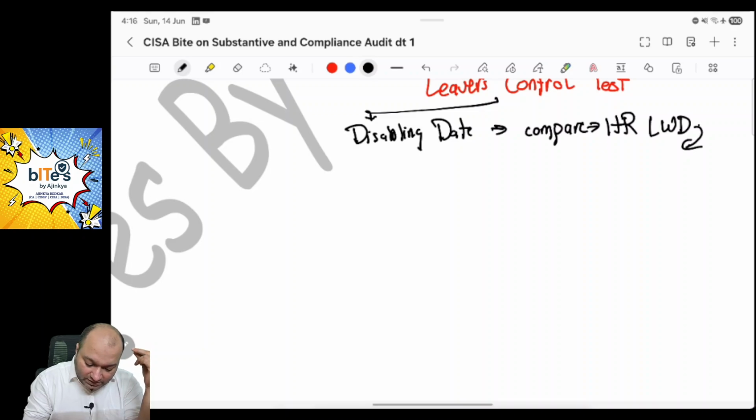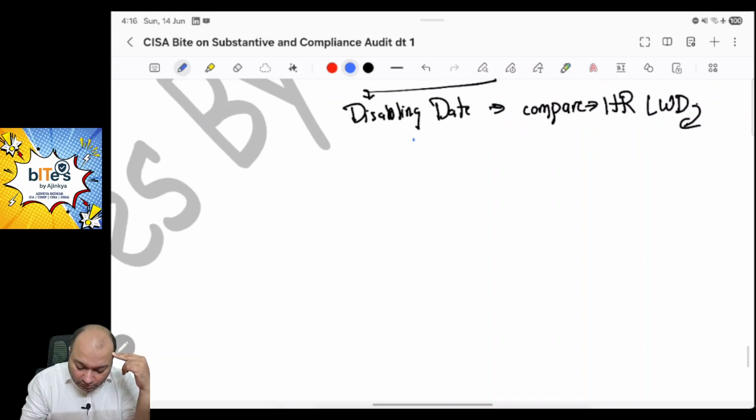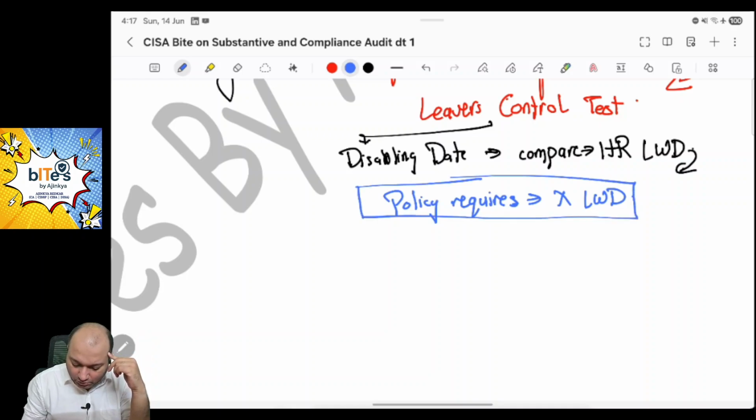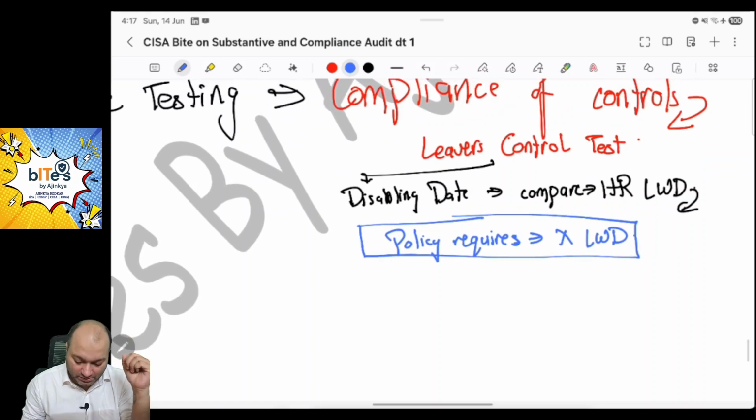The policy requires disabling on the last working day. The auditor will simply check if the disabling date was on the last working day or not, and based on that, the auditor will then say that the control is in compliance with the policy.